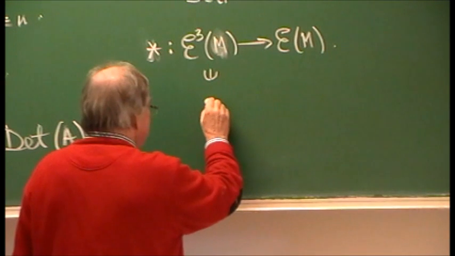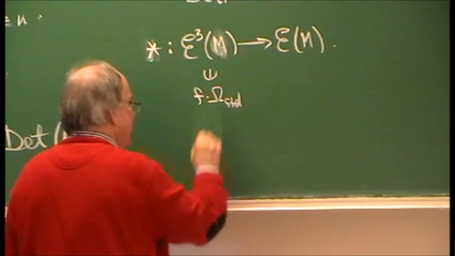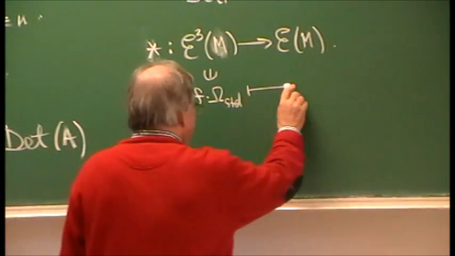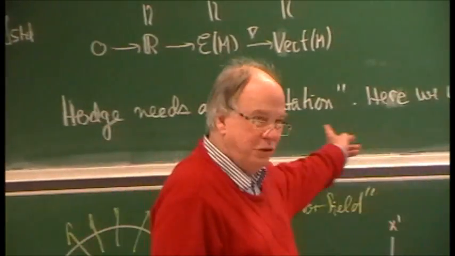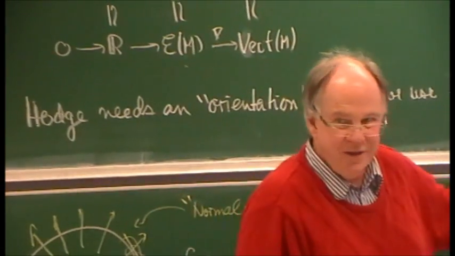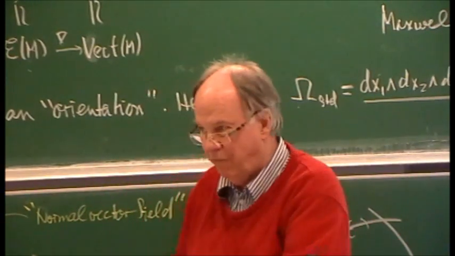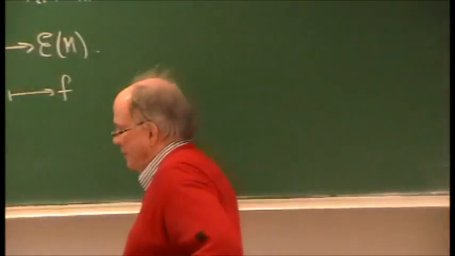A thing here is the standard form times a function. There's no choice. And it's not very clever to map that to the function. So these things are, once you choose this orientation, absolutely stupidly isomorphic, right? You just take the coefficient and that's a function. So this is this Hodge operator.